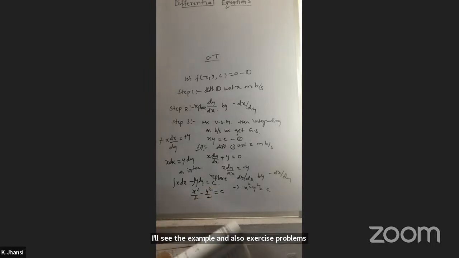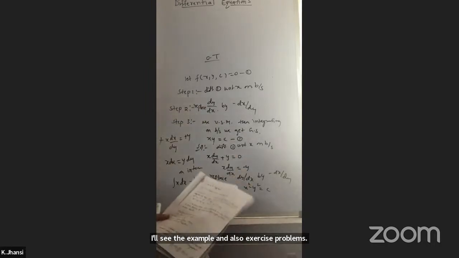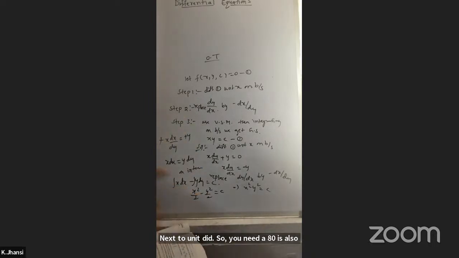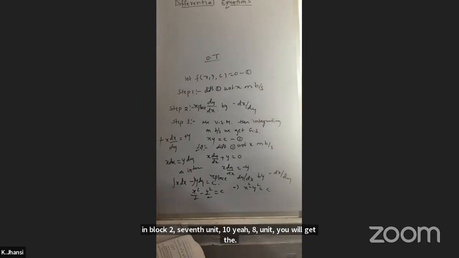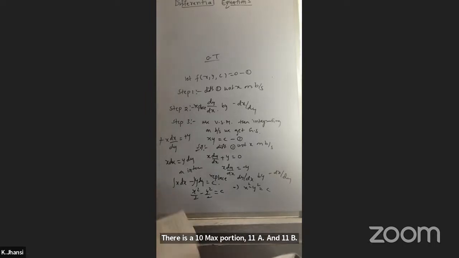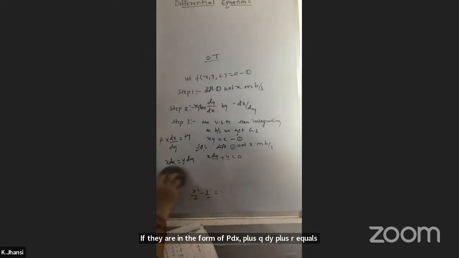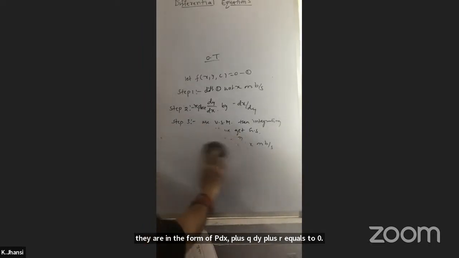Next, unit 8. Unit 8 is also one you will get as a 10 marks question. So in block 2, the 7th unit and 8th unit, you will get the 10 marks questions, 11A and 11B. Simultaneous differential equations, you have the definition in your textbook. If they are in the form of P dx plus Q dy plus R equals 0, such differential equations are called simultaneous differential equations.